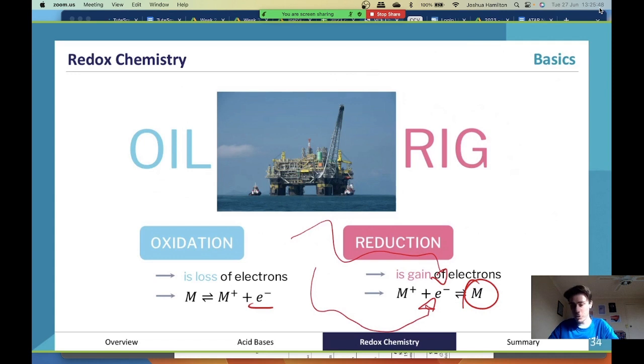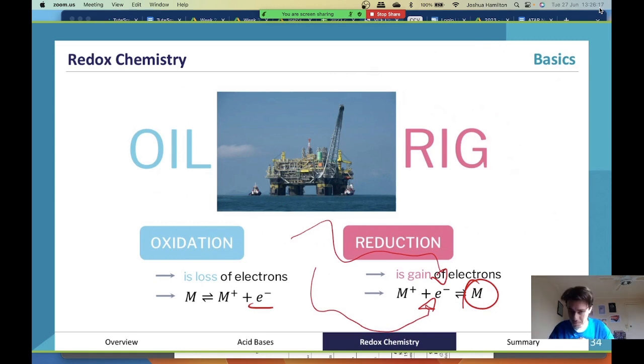Now, half equations are really, really important. Half equations are theoretical ways of saying what's going on. In an actual reaction in the real world, half equations don't occur. We can't pull a half reaction out of a full equation and say, we just want the half reaction to occur, and make some vacuum where we just have the half reaction.